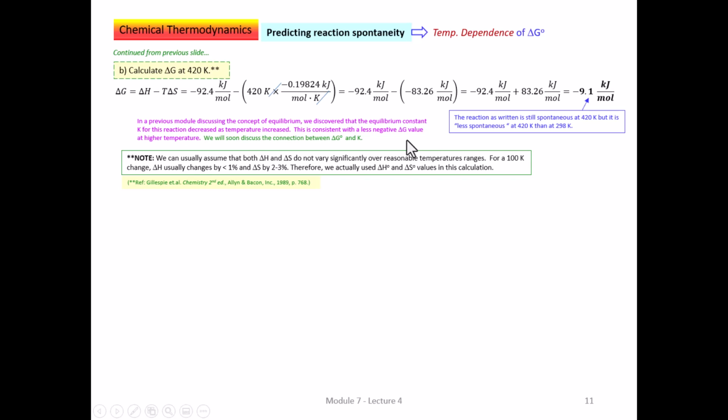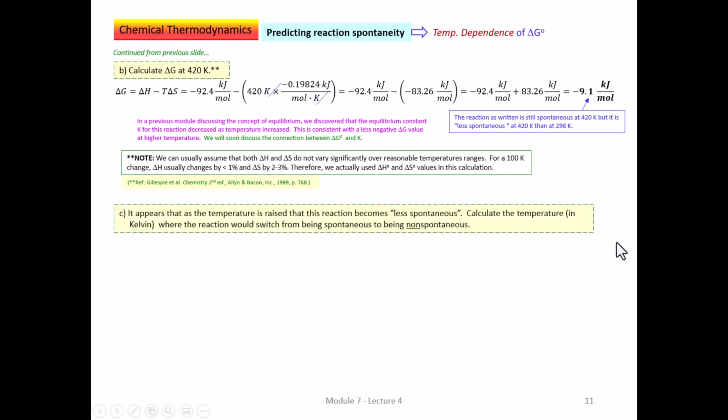That would mean as the temperature increases, there's less tendency to go to products, which is consistent with the thought that at the higher temperature, the reaction is less spontaneous, less interested in going to products. So a little later on, we'll discuss the connection between delta G and the equilibrium constant.